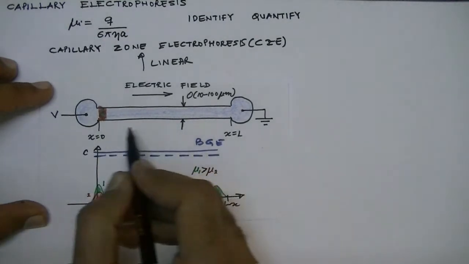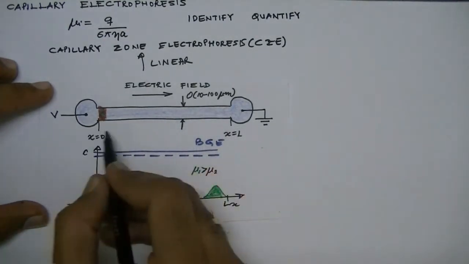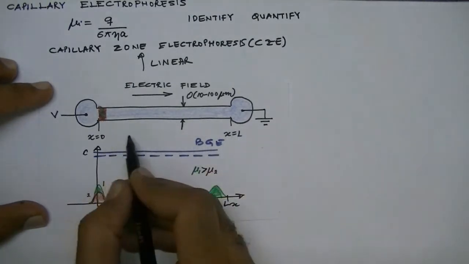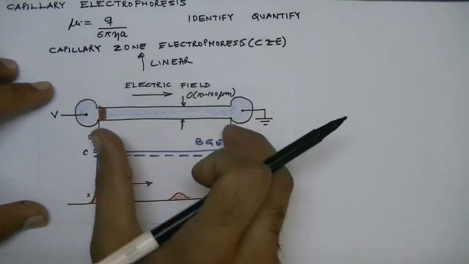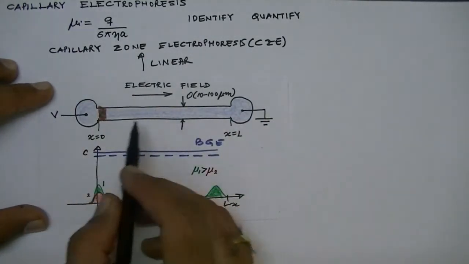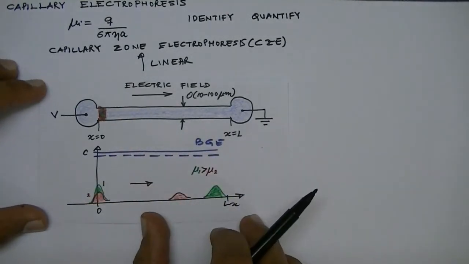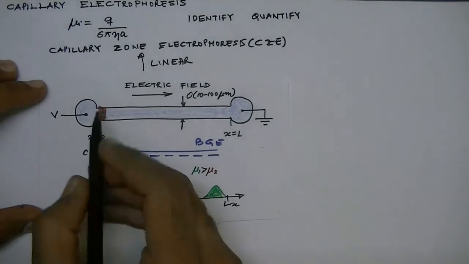In conventional electrophoresis, the length can be quite long, 50 centimeters to 1 meter, but in microfluidic zone electrophoresis we can shrink down this length as well, but the process remains the same, so we'll just focus on the conventional zone electrophoresis at this moment.